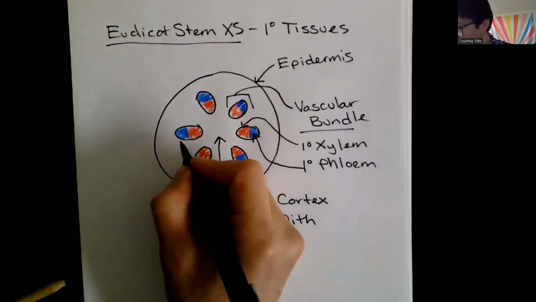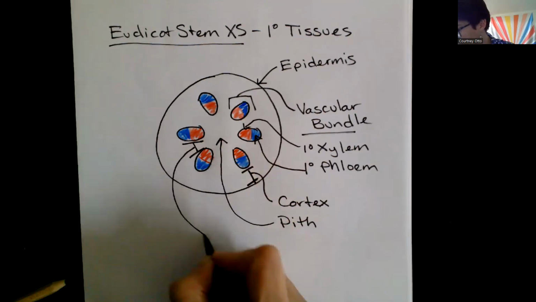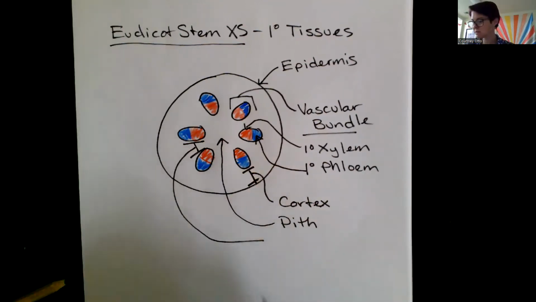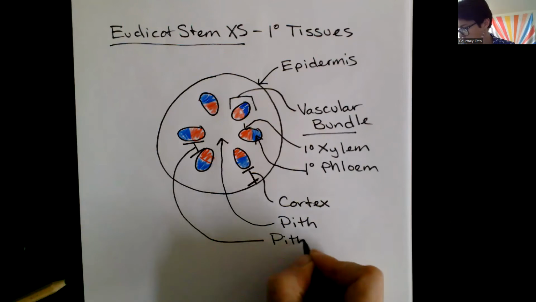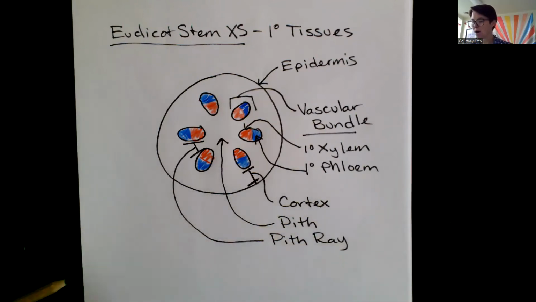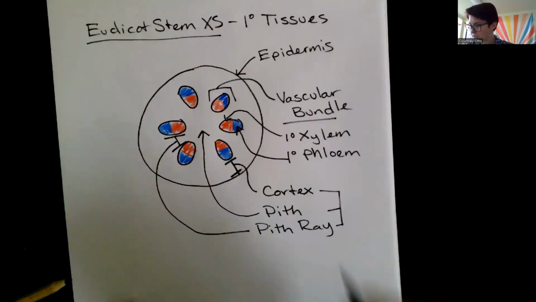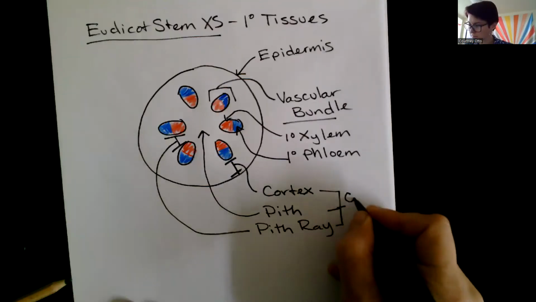Well, I'm going to give you one more, and that's this region in between our bundles. These we call pith rays. These are just rays of pith that radiate out in between our bundles of vascular tissue. But all three of these, cortex, pith, and pith rays, are just ground tissue.